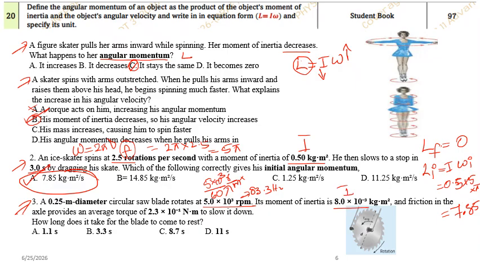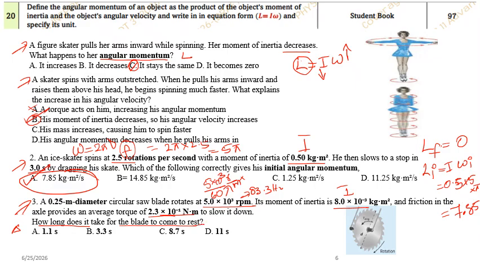Friction in the axle provides an average torque, they have given. To slow down, how long does it take for the blade to come to rest?